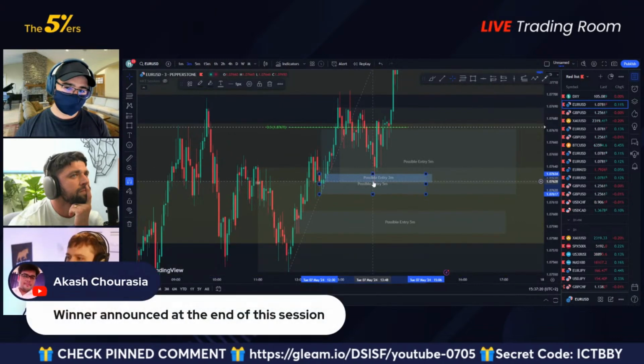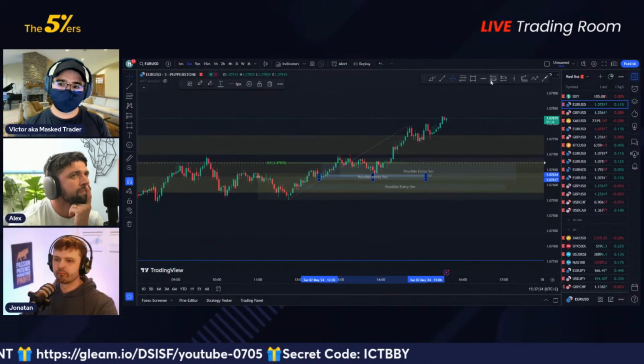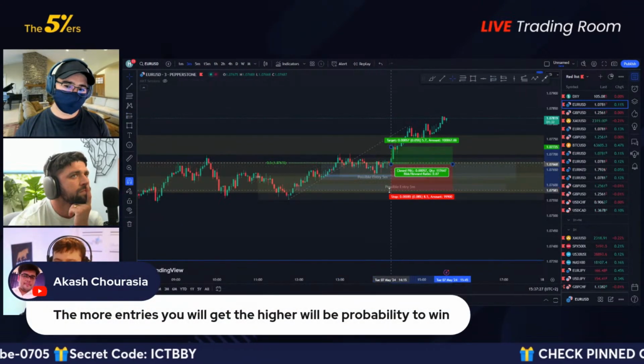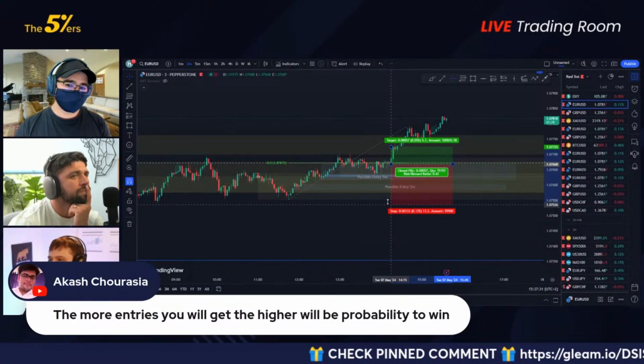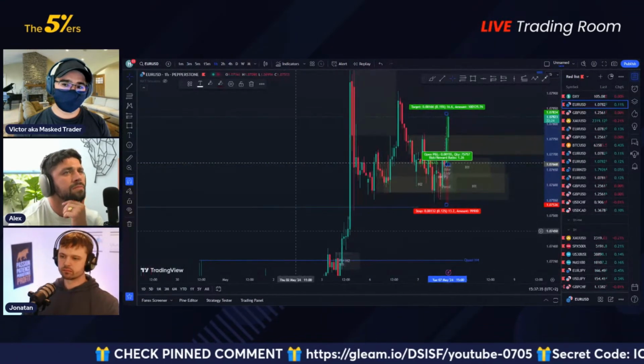Price comes into that entry order block and moves away from it. If that would be the entry, you would be entering something around here with your stop either below that order block or below the whole structure, aiming for something on the higher time frames, maybe the 1 hour.